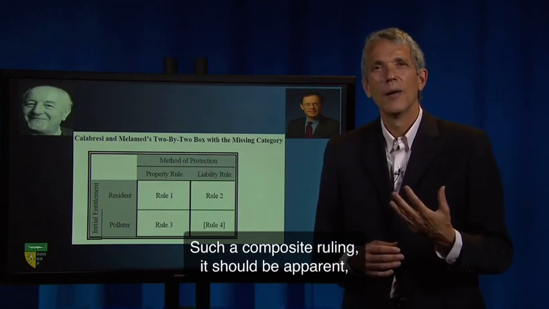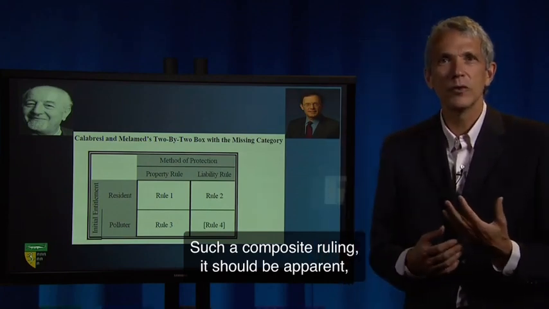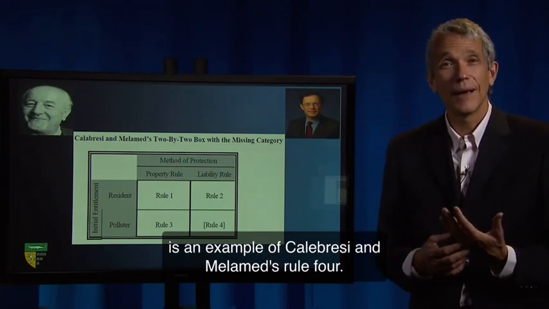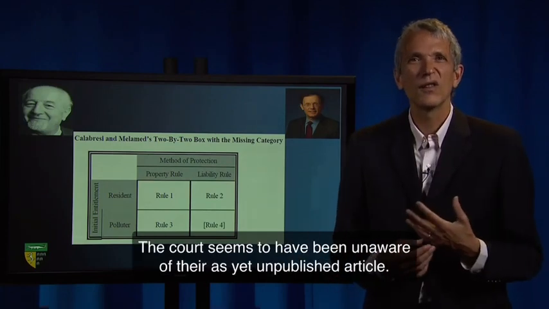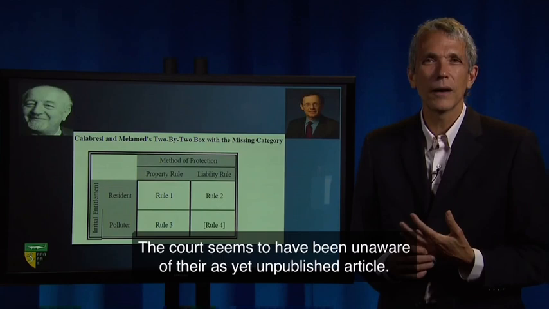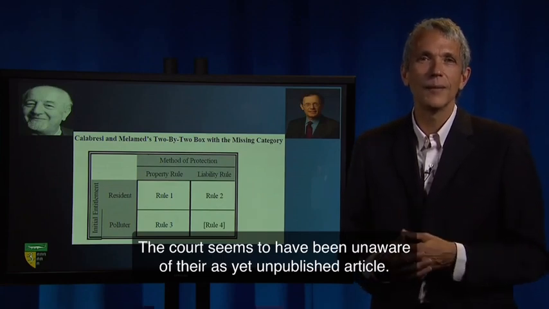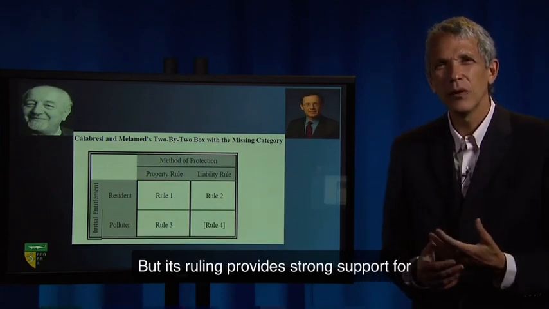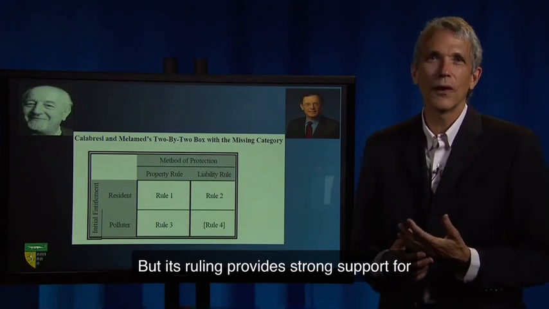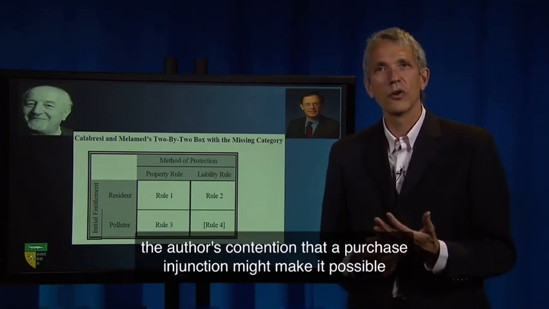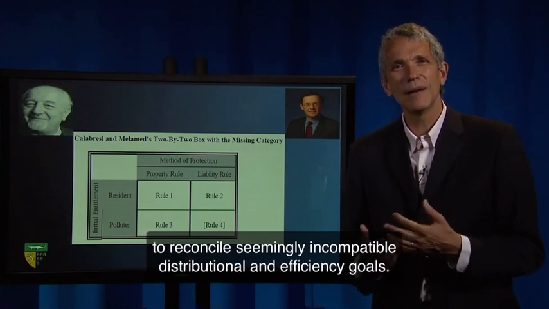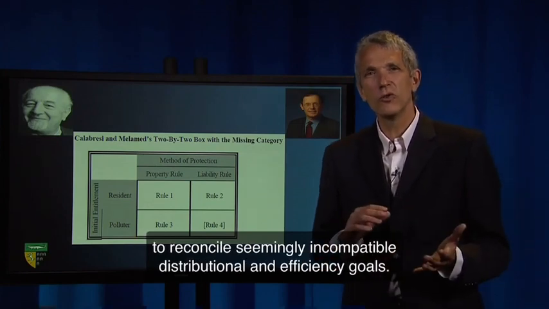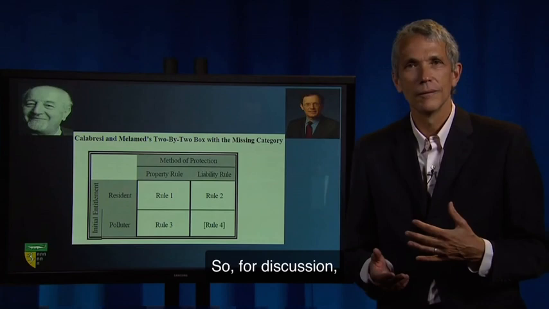Such a composite ruling, it should be apparent, is an example of Calabresi and Melamed's Rule 4. The court seems to have been unaware of their as yet unpublished article, but its ruling provides strong support for the authors' contention that a purchased injunction might make it possible to reconcile seemingly incompatible distributional and efficiency goals.